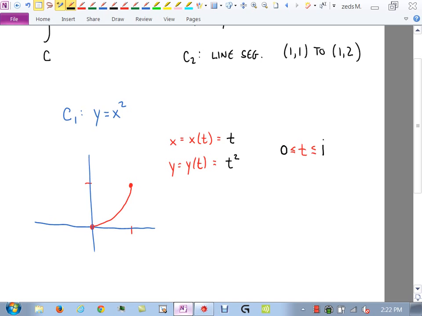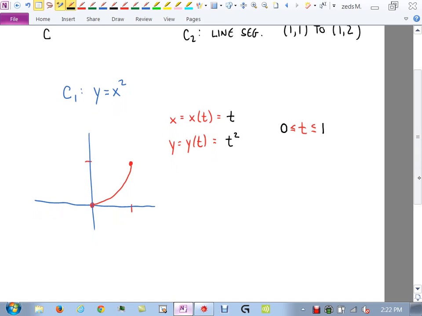Okay, so let's try and set up the integral. We'll do the integral in a little while. We still need to set up the ds, don't we? Let's get ds. For ds, I'm going to need the derivative of x with respect to t and the derivative of y with respect to t. What's the derivative of x with respect to t? 1.